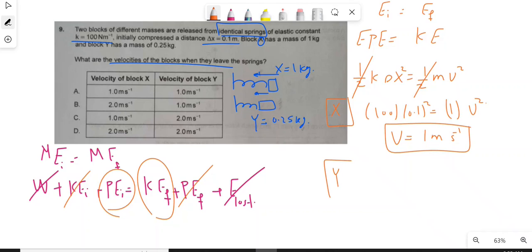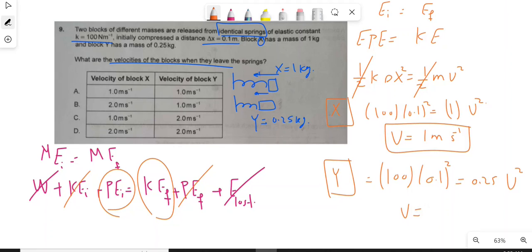Now for object Y, same formula: k is 100 times delta x, 0.1 squared, equals mass 0.25 times v squared.